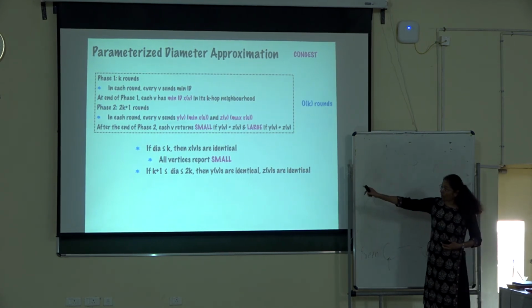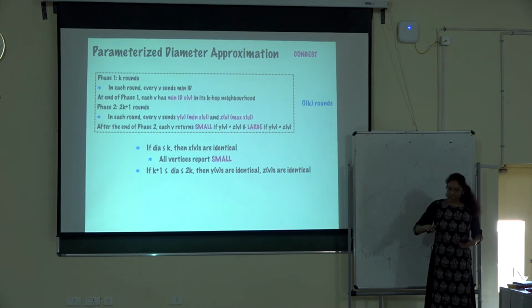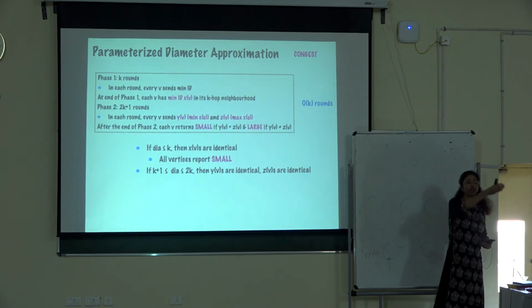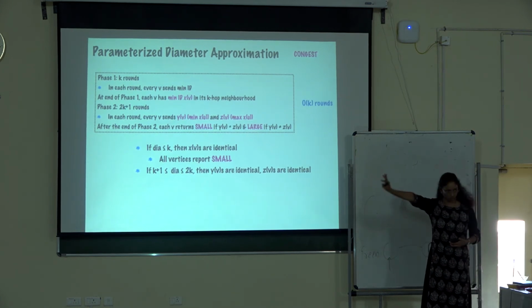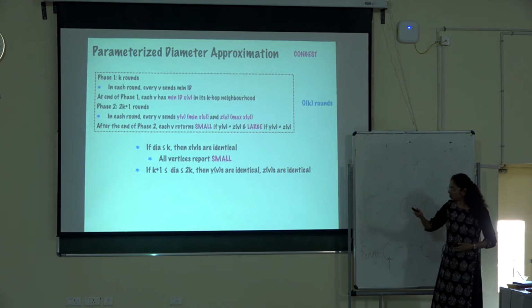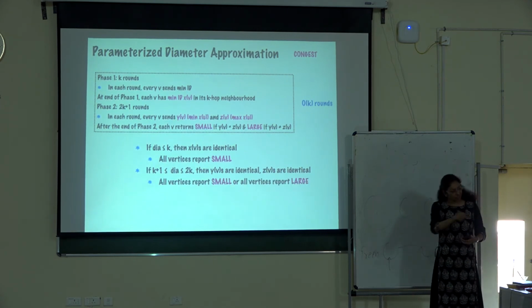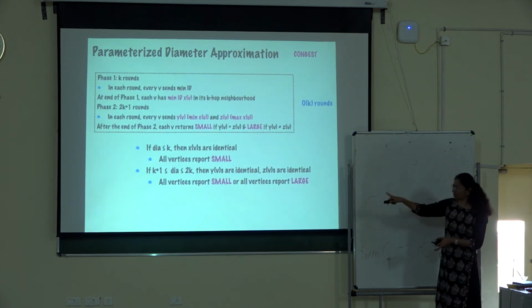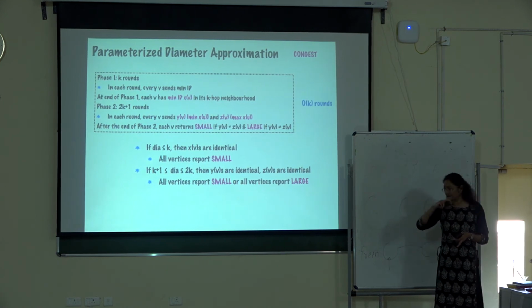All the yv's are the same, and all the zv's are the same, though yv and zv need not be the same among themselves. My yv is the same as your yv, the same as that person's yv, and so on. Similarly for zv's. So all vertices either report small or report large. I hope this part is clear. They report small if the yv and zv are the same, large if they are different.